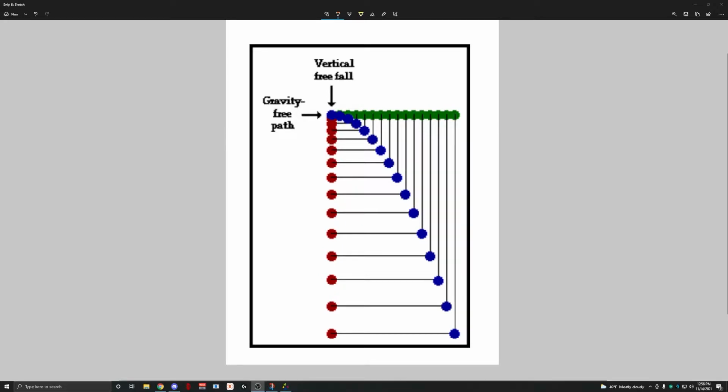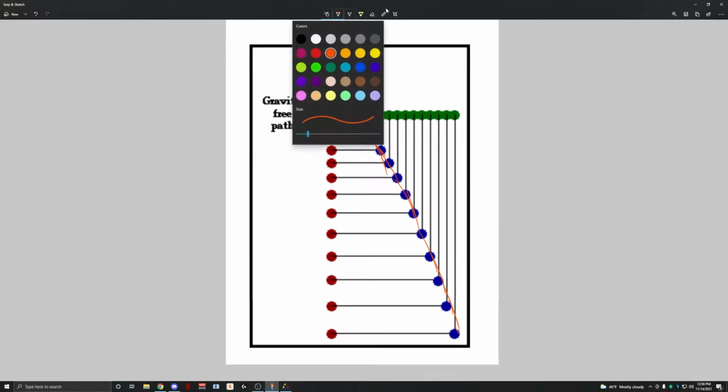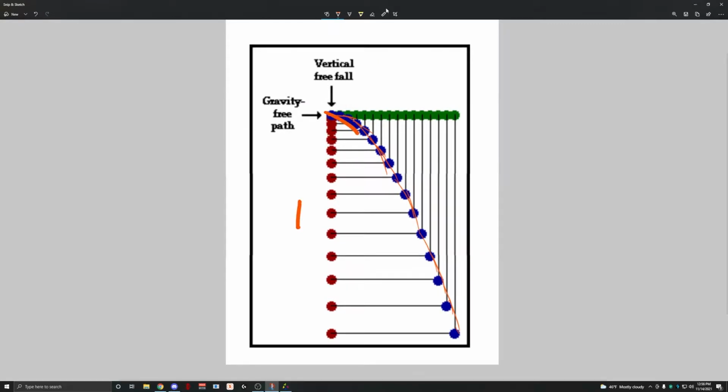Now, you see this image here, and you see the path of the object as it goes horizontally. It makes this path.